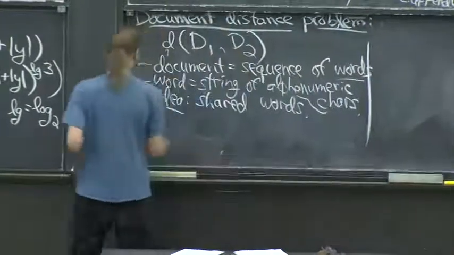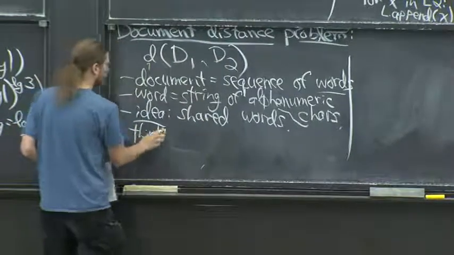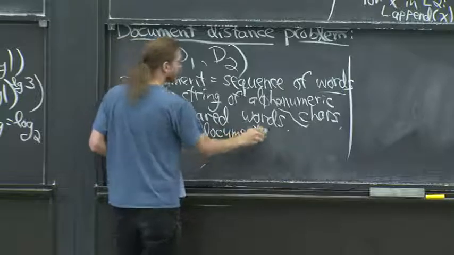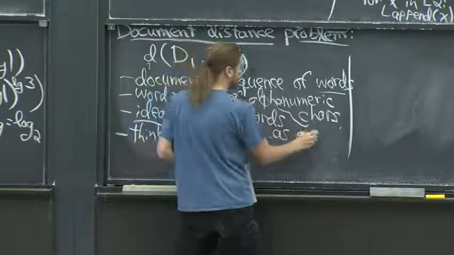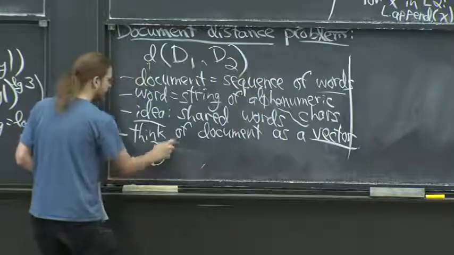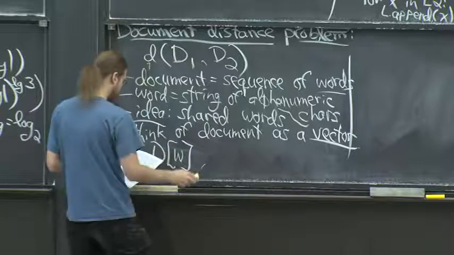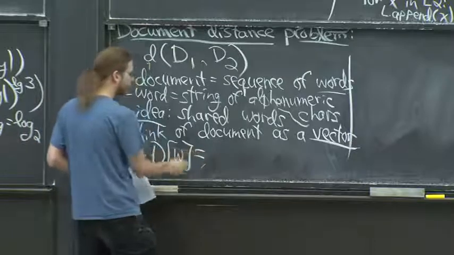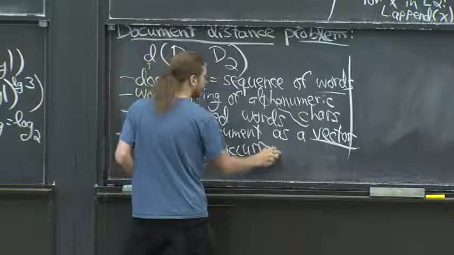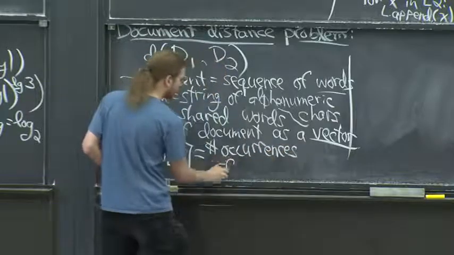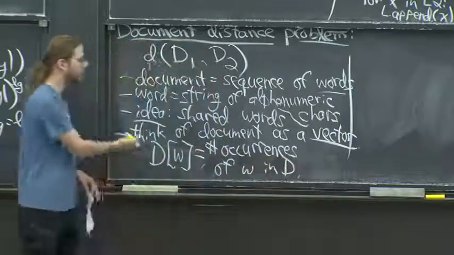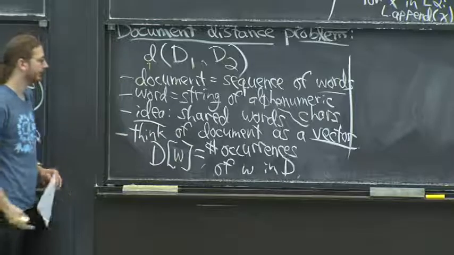So I'm going to think of a document as a sequence of words, but I can also think of it as a vector. If I have a document D and a word W, then D of W is going to be the number of times that word occurs in the document D. So it's a number, a non-negative integer.